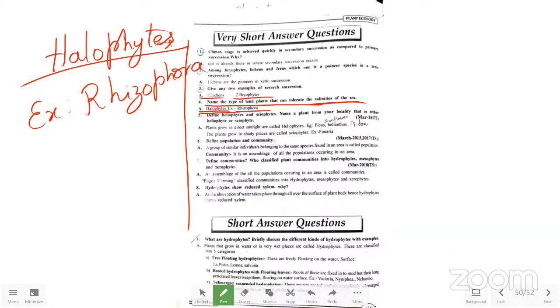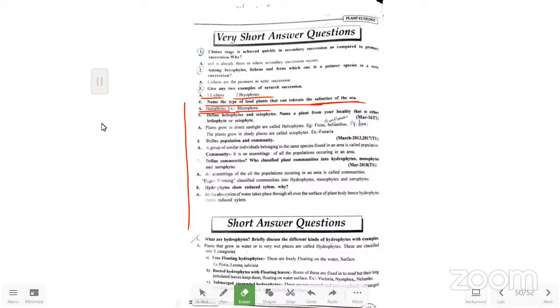Next one, define heliophytes and sciophytes. Name a plant from your locality that is either heliophyte or sciophyte. Okay, so now in this, what is meant by heliophytes, what is meant by sciophytes, we have to say.